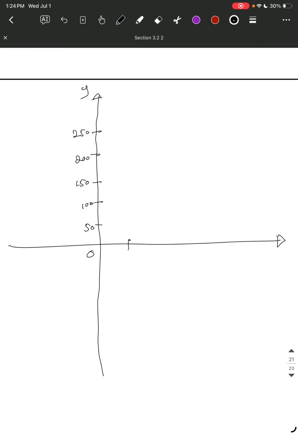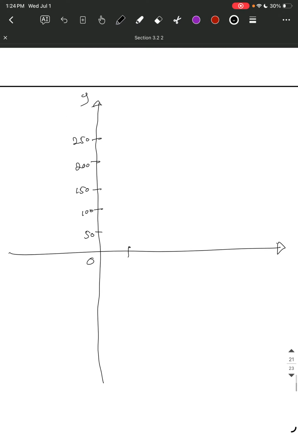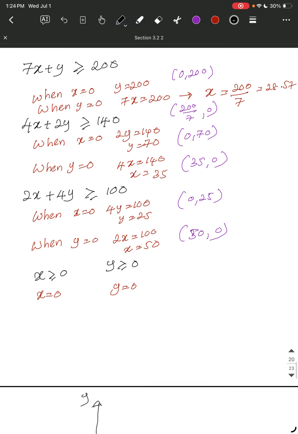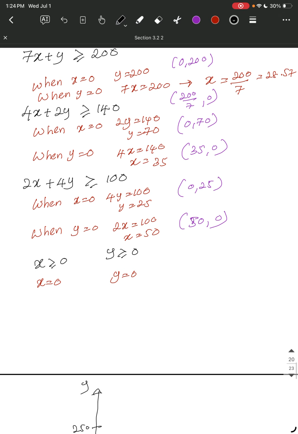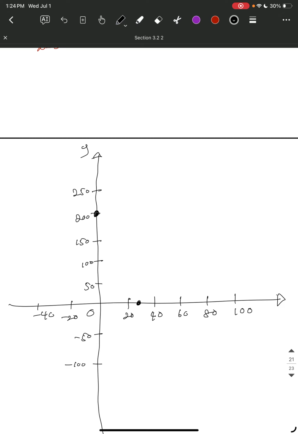On the y-axis, 20, 40, 60, 80, 100. Okay, 0, 200 and 200 over 7, 0. Okay, again a solid line, like this.